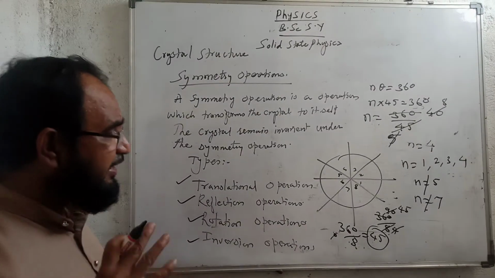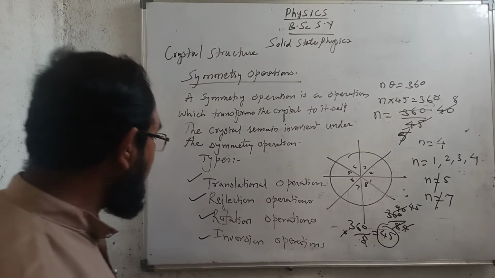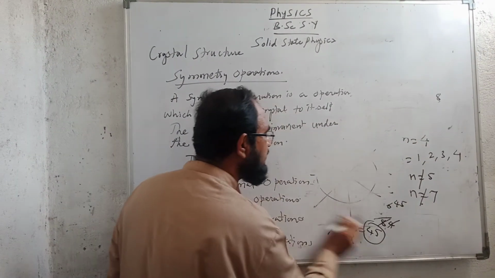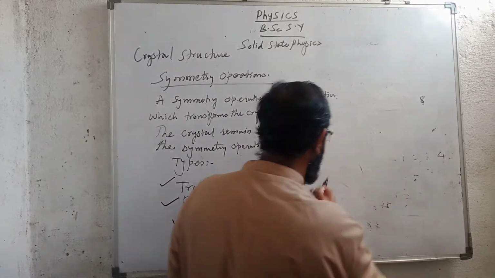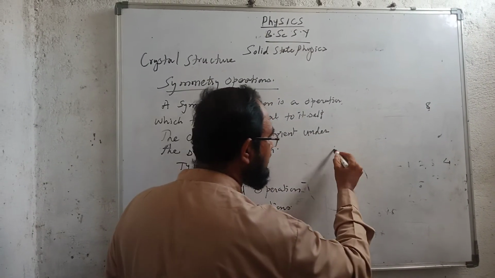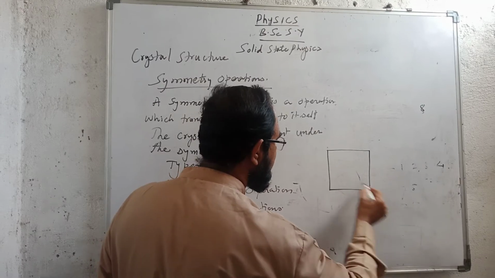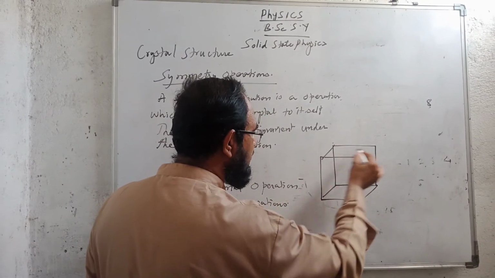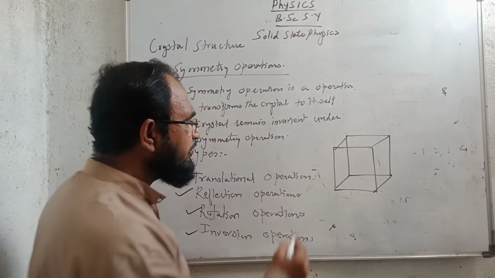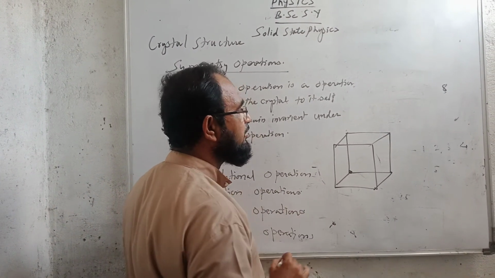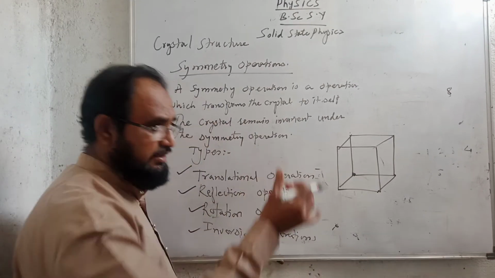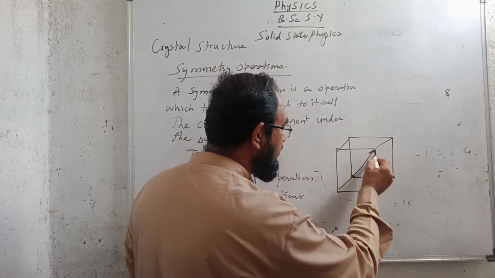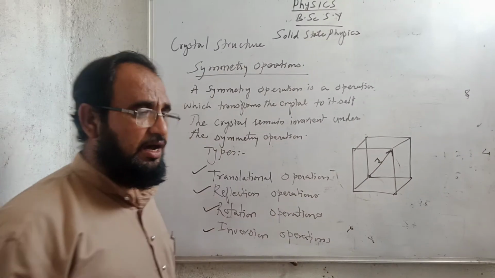Now if I take the example of inversion symmetry, what is inversion symmetry? Inversion symmetry will be there in a 3-dimensional lattice. So I will consider a 3-dimensional square lattice, a cube. Suppose from this point I am inverting this cube through a distance r, by an operation r.